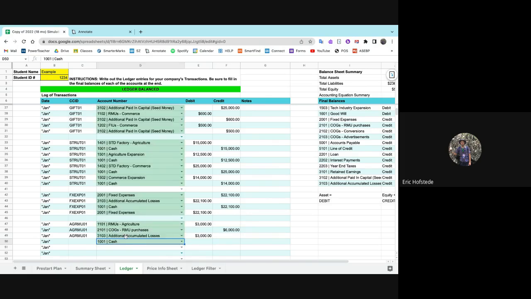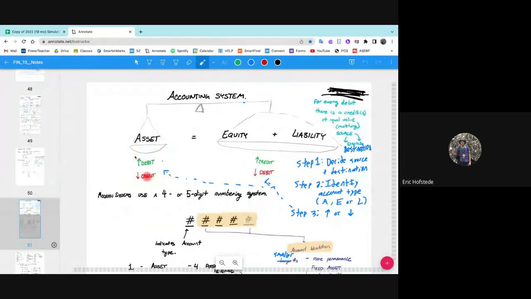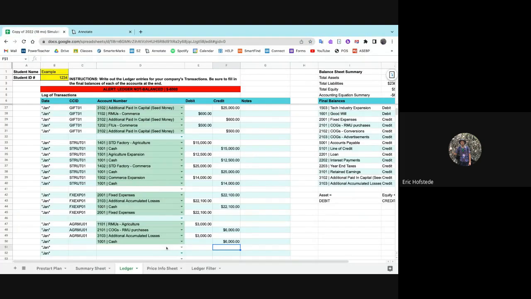I got the bill. I hand them my Visa or some cash or something from my account. So that's going to get rid of $6,000 of cash, by credit, because cash is an asset, and getting rid of cash means crediting an asset. $6,000 of my cash, and now my bill goes away.